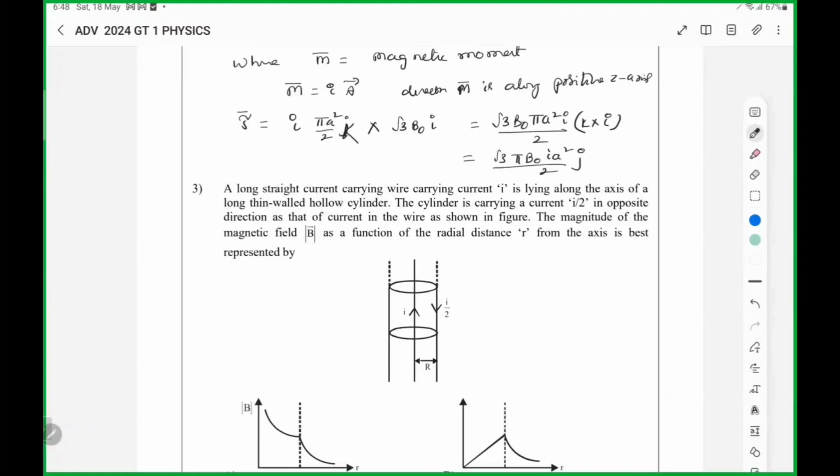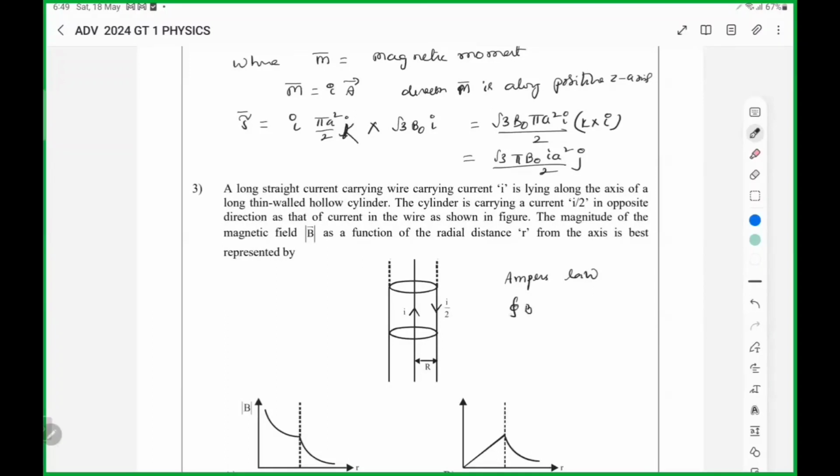Okay. So this problem is solved by using Ampere's law. What does Ampere's law state?